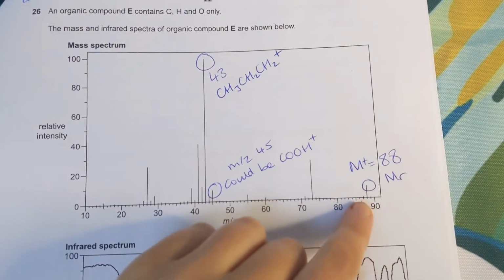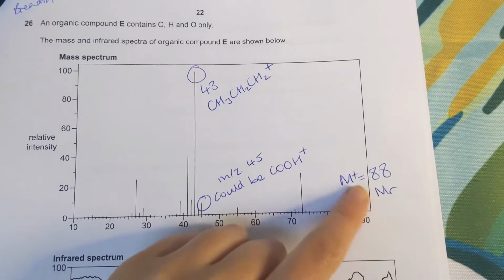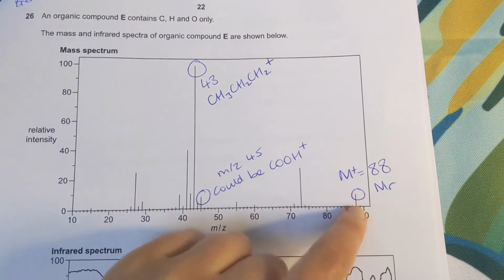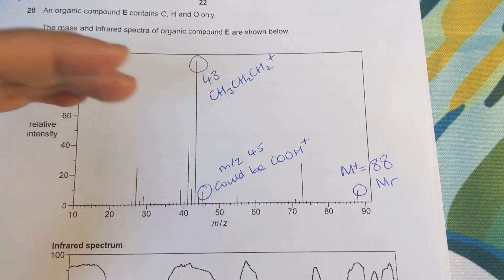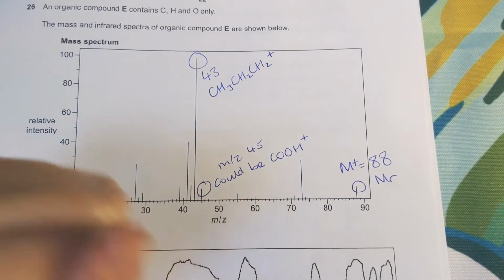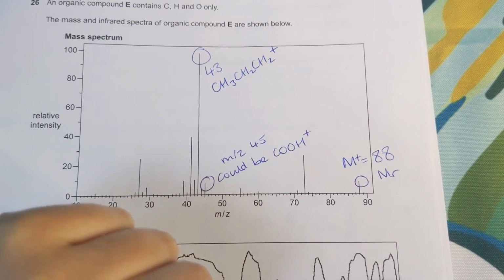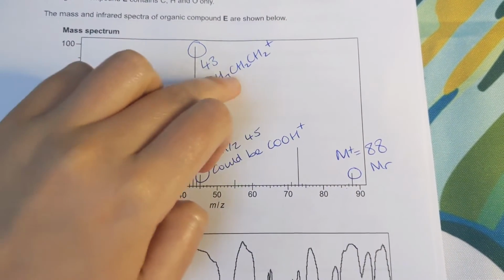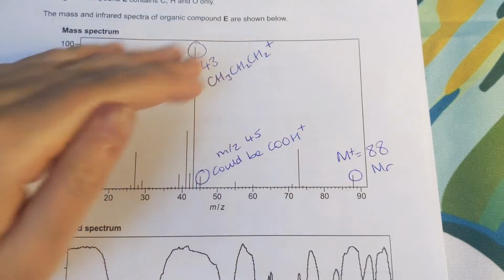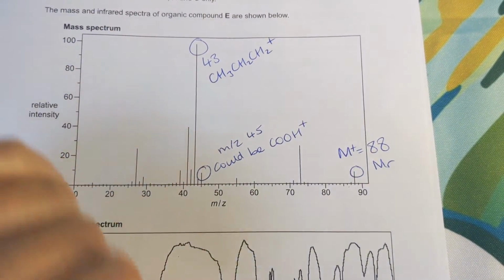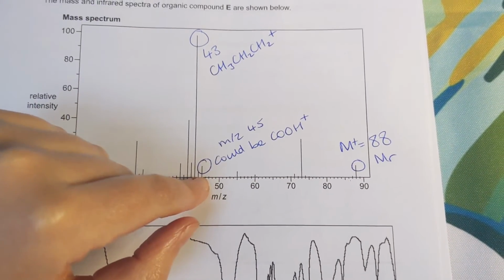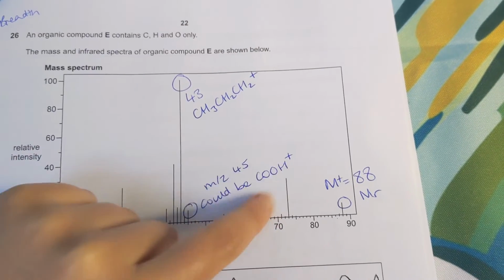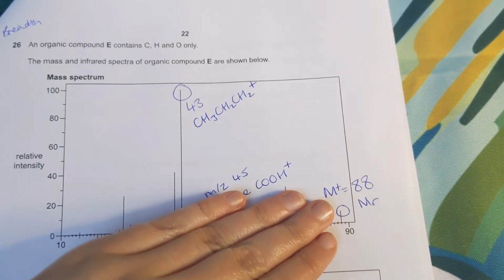First thing we look at, we identify the molecular ion, which gives us the molar mass. It's 88. Most common fragment ion, it's always a good idea to identify this or to try and identify what it could be. 43, that adds to CH3, CH2, CH2 or a propyl fragment. And this peak here at 45 could be a COOH, so a carboxylic acid group.